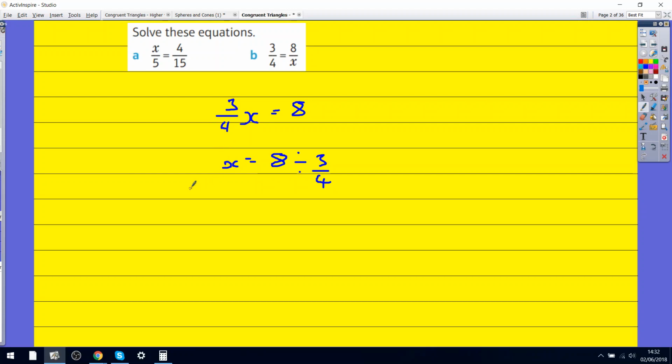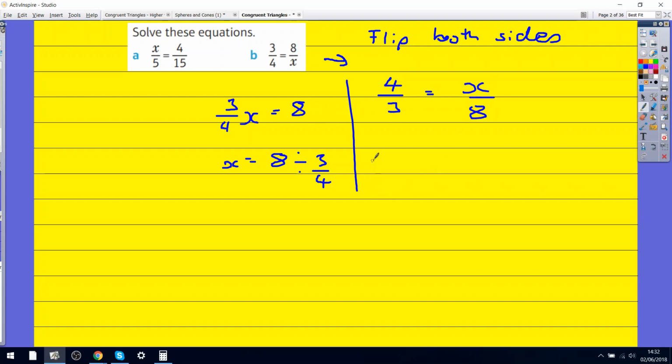I think an easier way to do this would be flip both sides. So what would you get if you flipped both sides? Yeah, and then how would you do that?